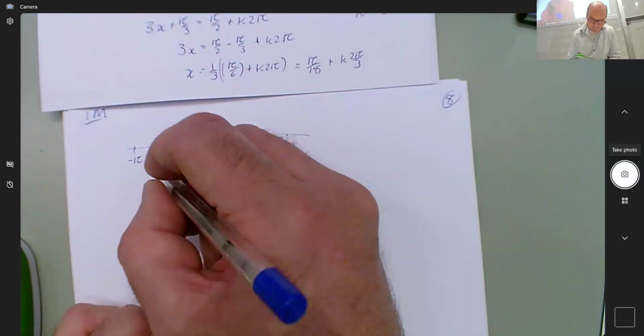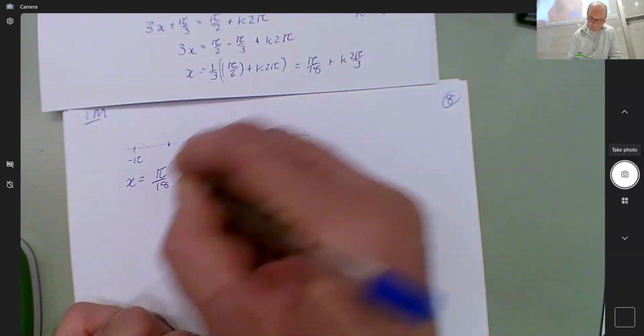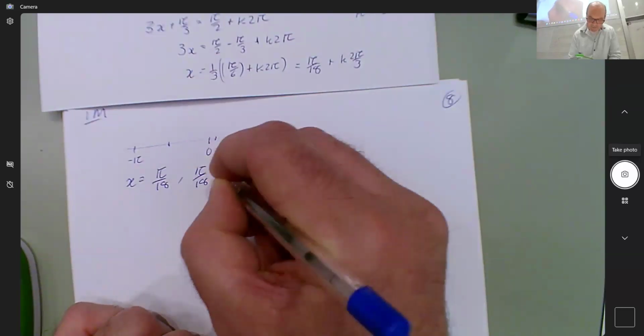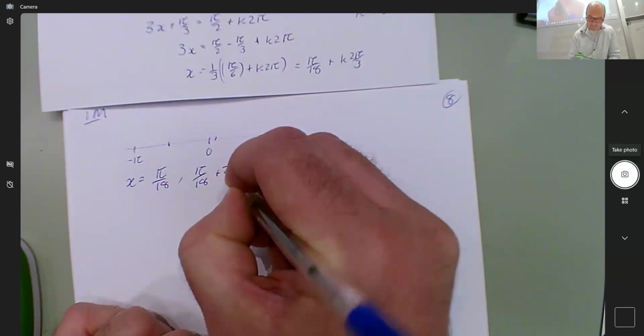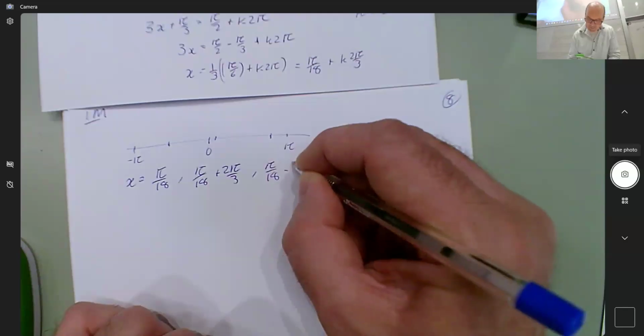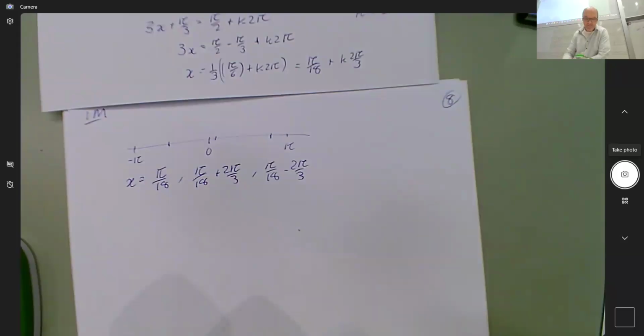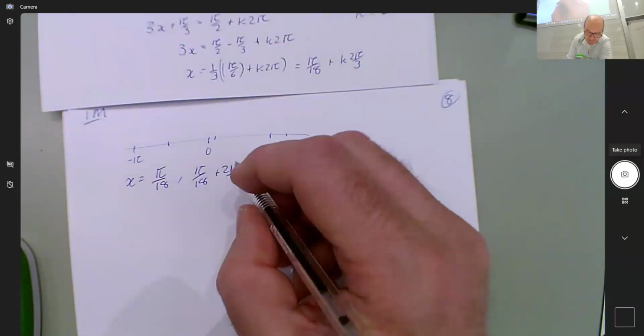So I'm going to go x is equal to pi on 18, pi on 18 plus 2 pi on 3, and pi on 18 minus 2 pi on 3. So I've chosen values near there to work out what they are.